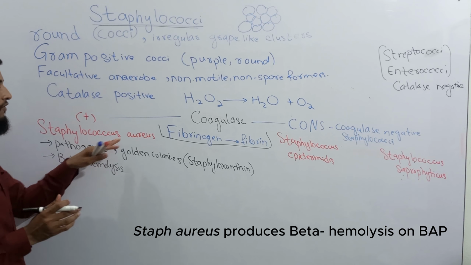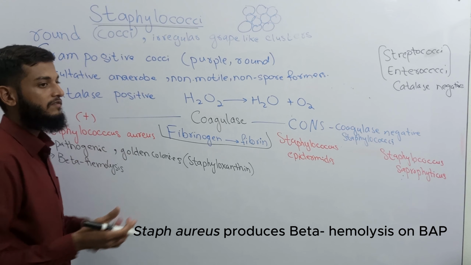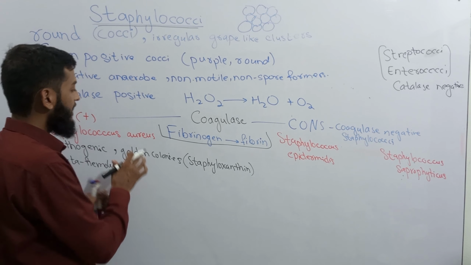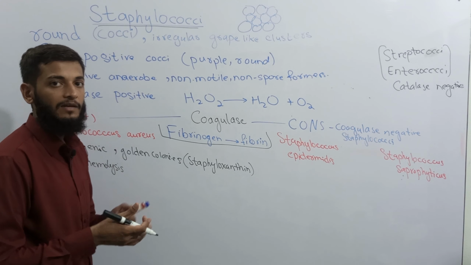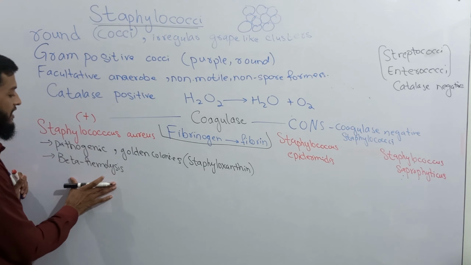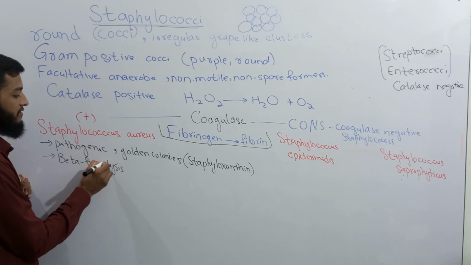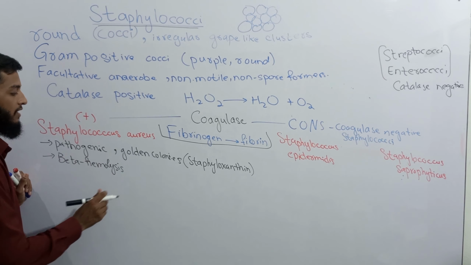That means when it is growing on blood agar plate, it can completely break down red blood cells. Such hemolysis is known as beta hemolysis, complete hemolysis.